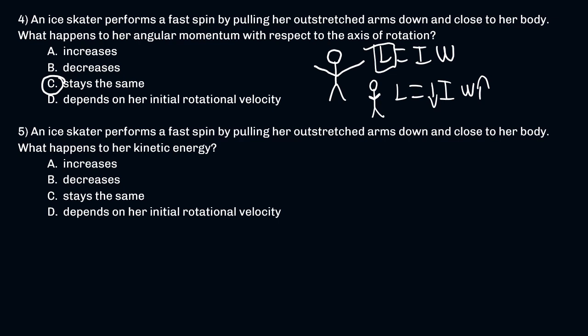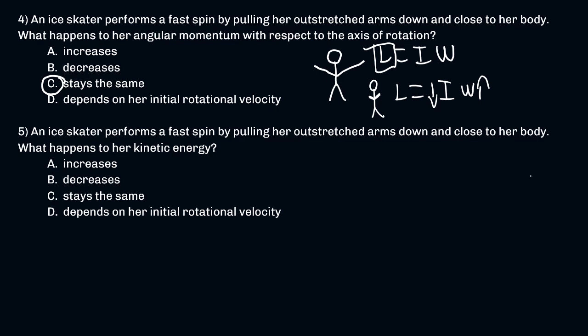Even though she speeds up to conserve her momentum, when we look at the kinetic energy equation, as you speed up, your moment of inertia is going to go down, but your speed is squared. So essentially your velocity is going to increase more than your moment of inertia is going to decrease.